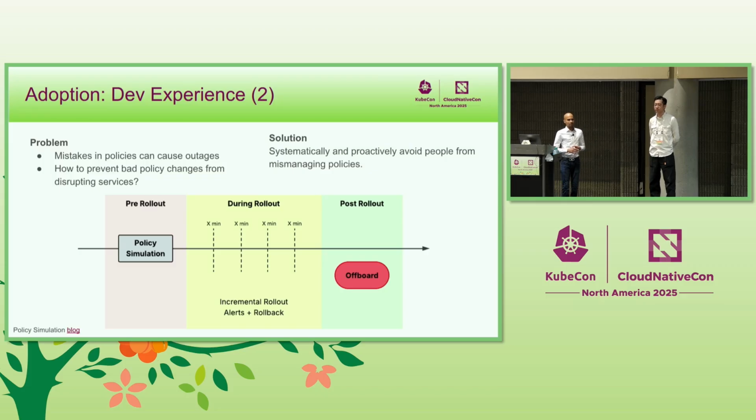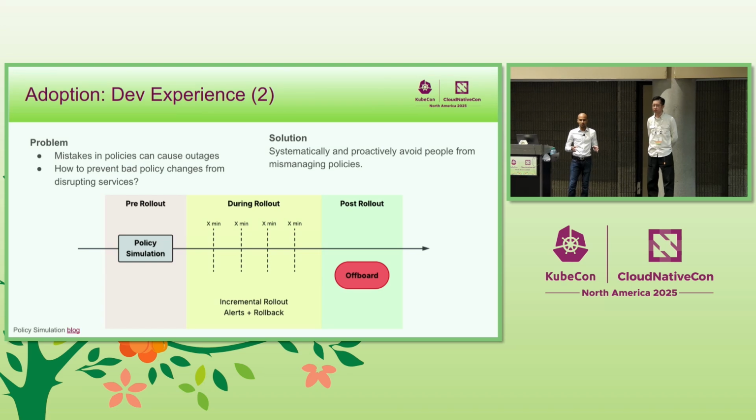During the pre-rollout stage, whenever there's a policy change, we do something that we call policy simulation. What it does behind the scenes is compute an impact analysis. If this policy change were to be rolled out, what would happen in that cluster?